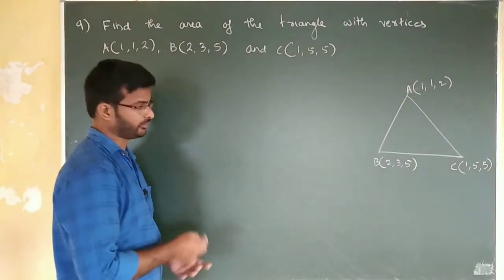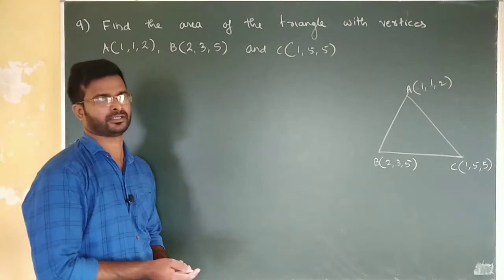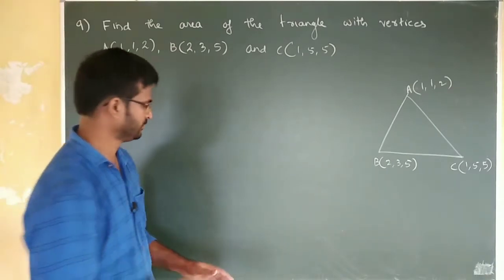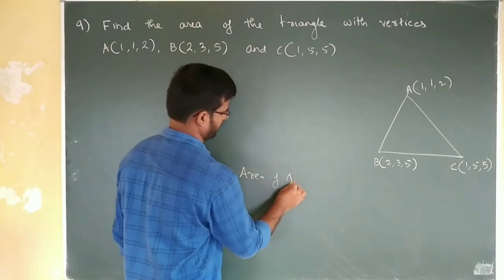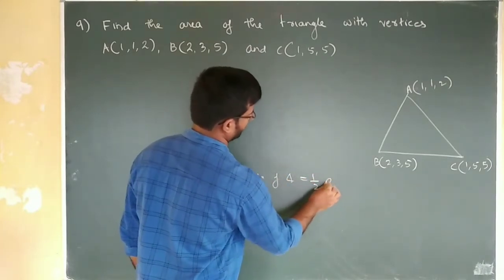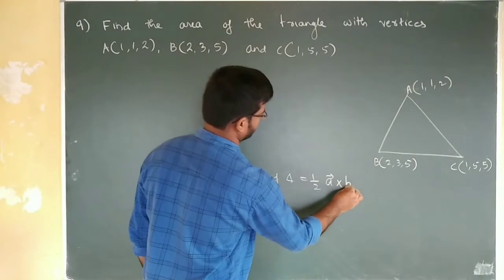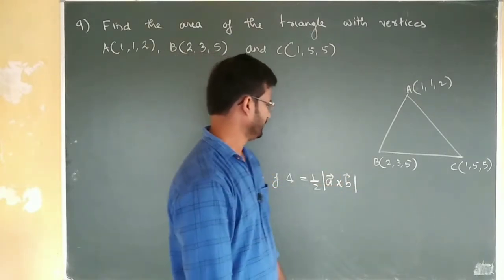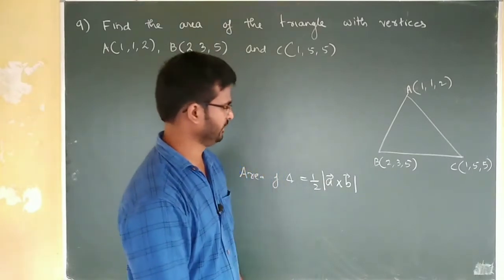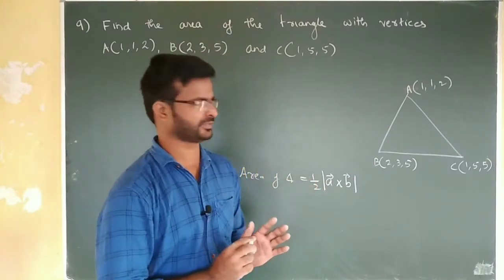Already you have studied how to find the area of a triangle using the cross product. That is, area of triangle equals 1 by 2 magnitude of a vector cross b vector. This is the formula for the area of a triangle.